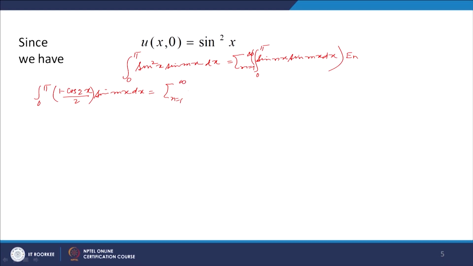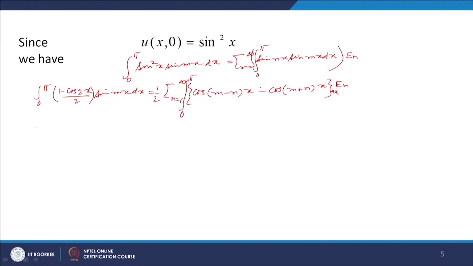We can multiply and divide by 2. So, 1 by 2 sin(nx) sin(mx) dx, we can write that as cos((m minus n)x) minus cos((m plus n)x), into E_n. Now, we integrate this over 0 to π dx.